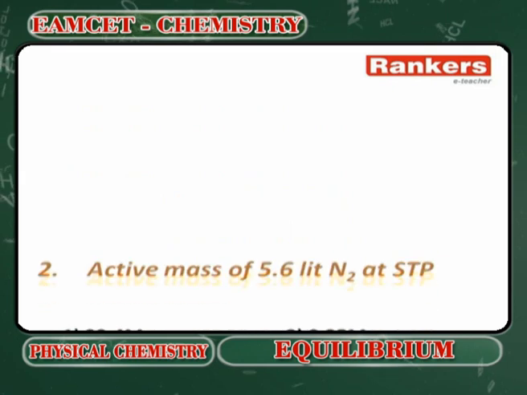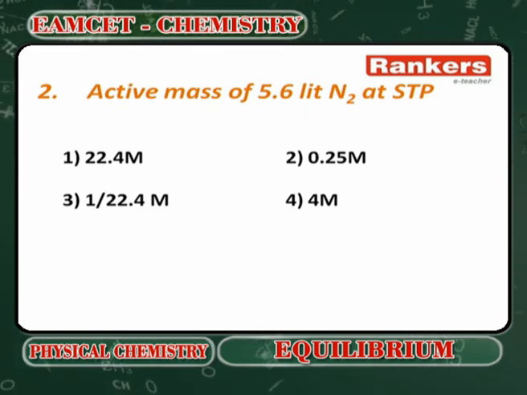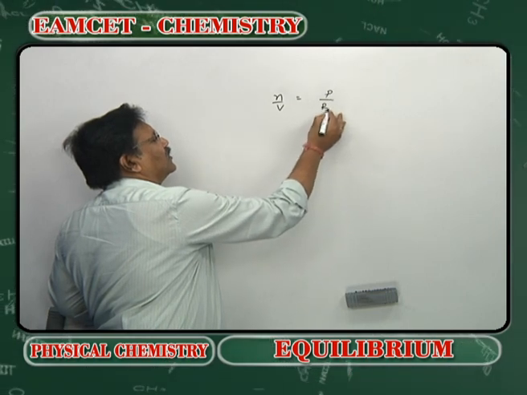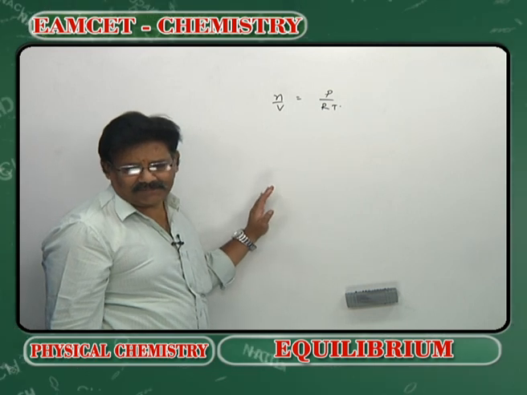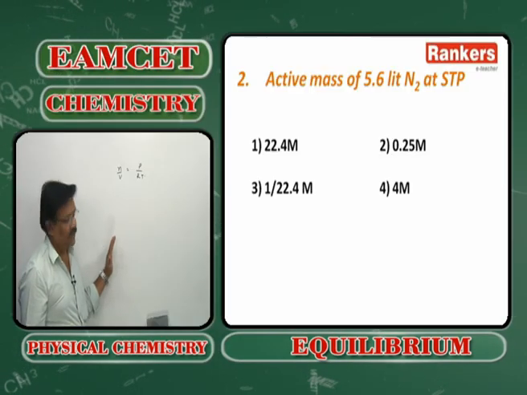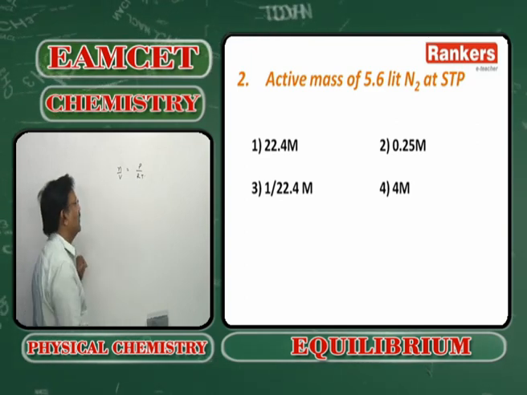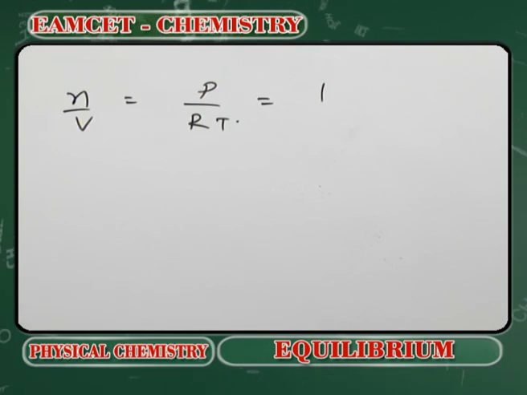Next, active mass. What do you mean by active mass? Nothing but concentration, molar concentration, n by V, which is equal to P by RT. At STP, what is the P value? 1.